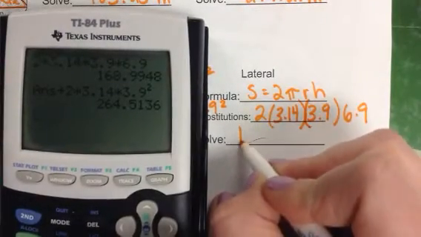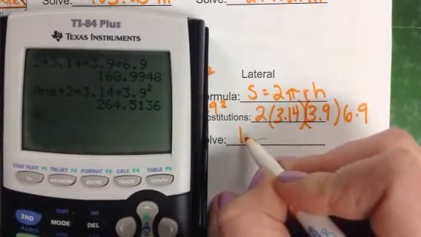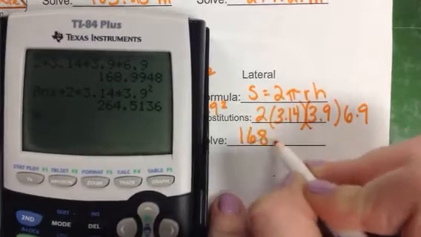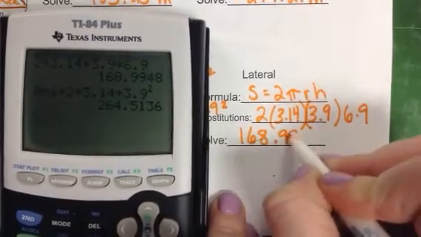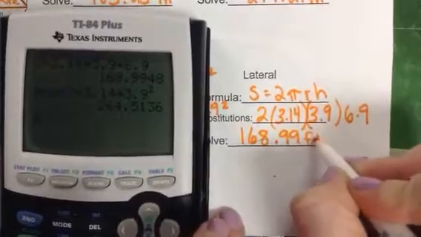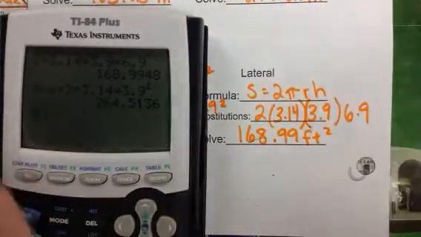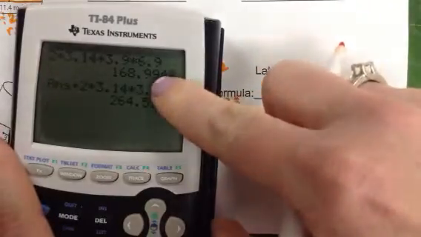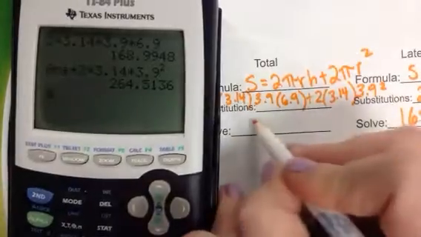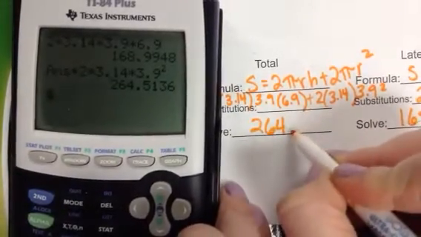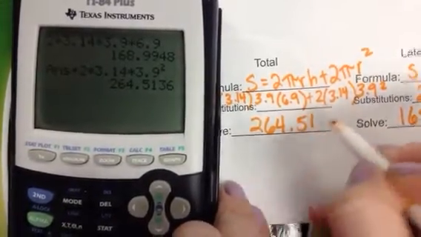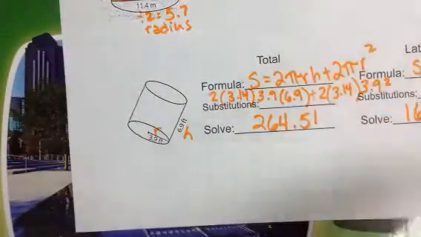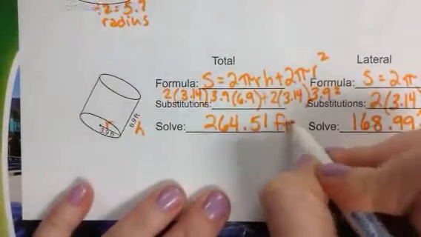So I got 168 and 99 hundredths feet squared, because there was a 4, so that gets to stay a 9 because the 4 is little. On the total surface area, 264 and 51 hundredths. And this is feet squared.